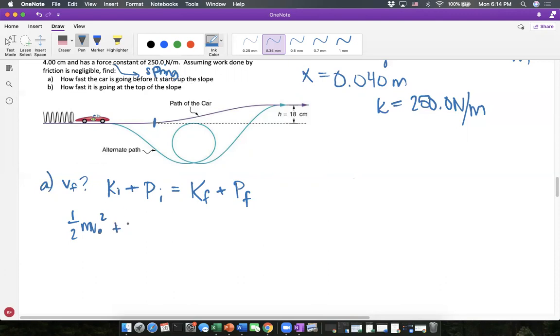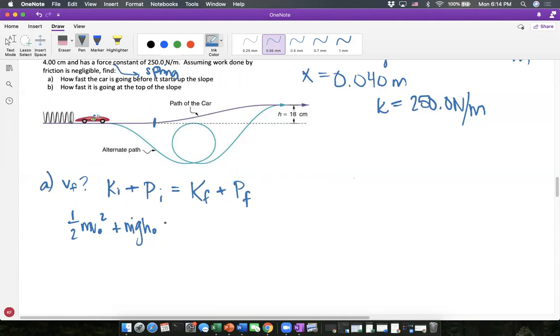That's our kinetic energy, plus our potential energy, which is going to be mgh. I'm gonna put h naught for our initial.